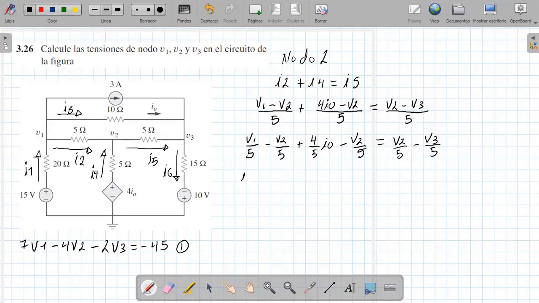So I0, which is what we have to look for, is the current that comes through here, which is the same current that circulates through here, and I0 is V1 minus V3 over 10. Since I0 is a current, it has to be voltage over resistance. So we have to replace this here.